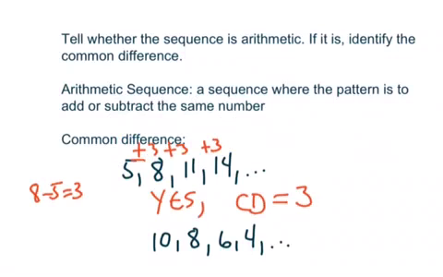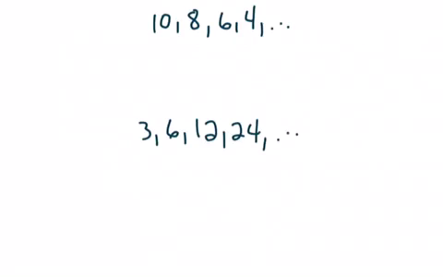Okay, so next example. The first question, is this an arithmetic sequence? And it is, yes, because we are going minus 2, minus 2, minus 2. So yes, it's an arithmetic sequence, and the common difference is the pattern, so in this case, minus 2.